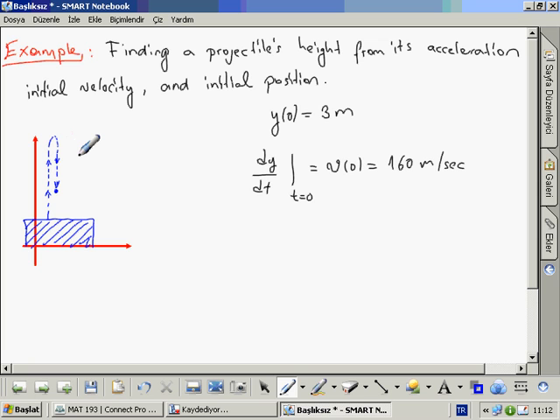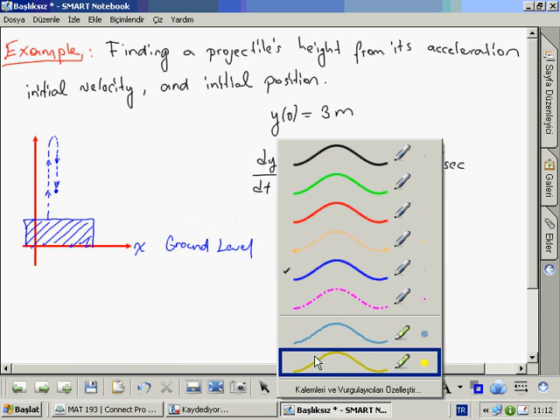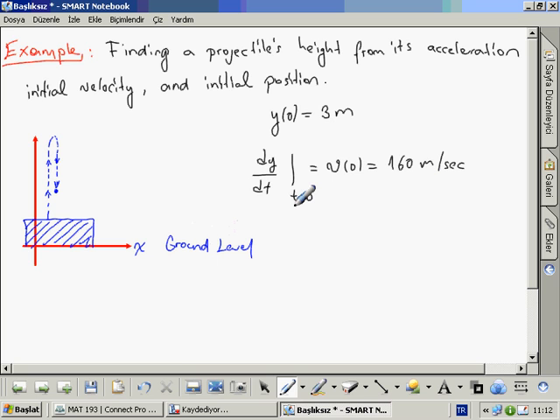This is the ground level, and let me write the question again.